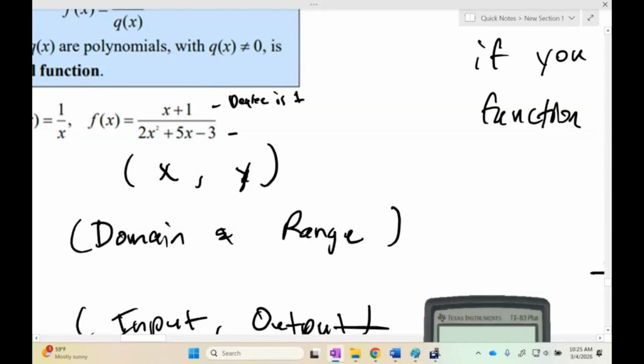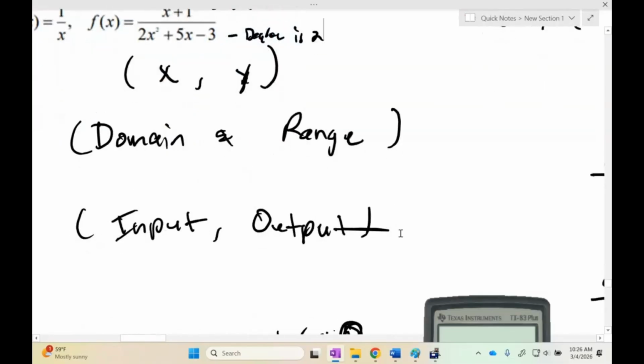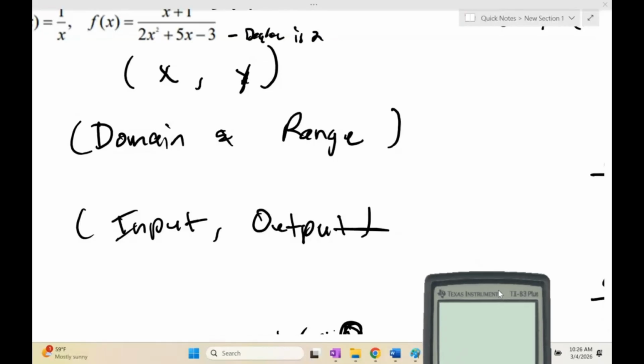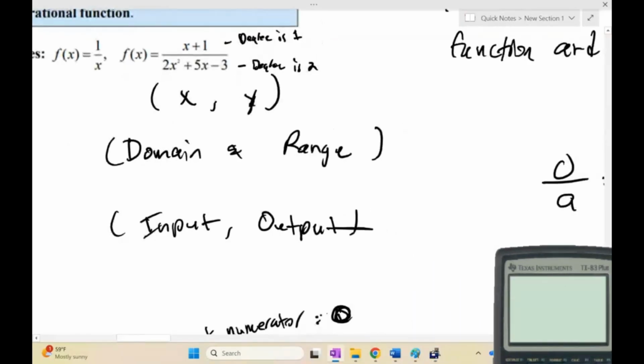What's the degree for the denominator? 2. So the degree of the top is smaller than the degree of the bottom. So the horizontal asymptote is going to be what? y equals 0. y equal to 0 is the x-axis. Right? That would be the equation for the x-axis.